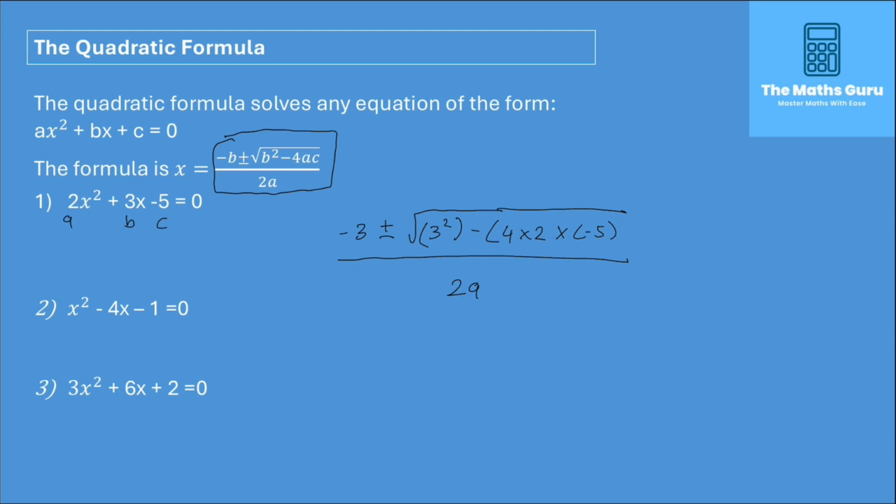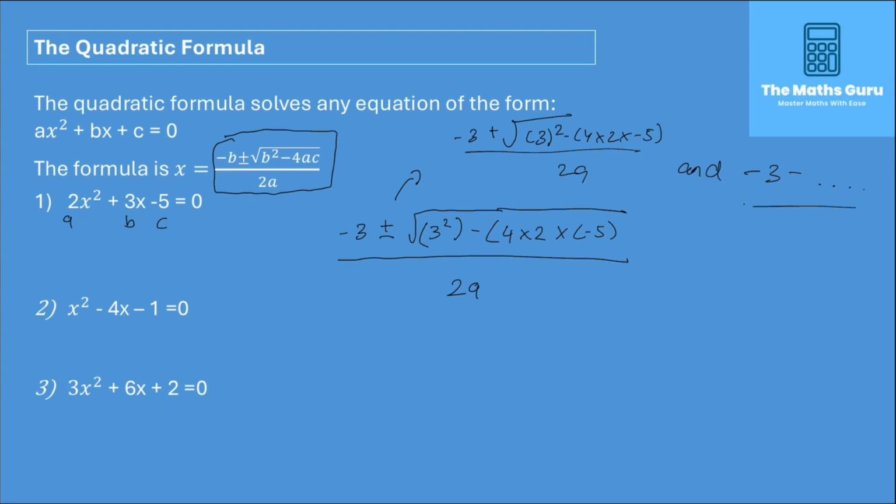So now what we do is we put this into our calculator. Okay, let me tell you what plus or minus means now. This basically means minus 3 plus the square root of 3 squared minus 4 times 2 times minus 5, over 2a, and minus 3 minus the rest of it, right?